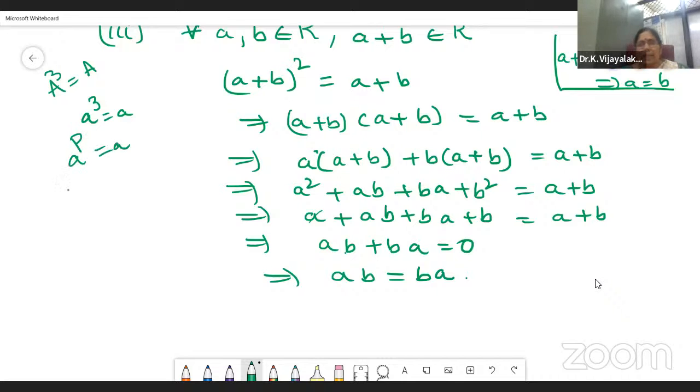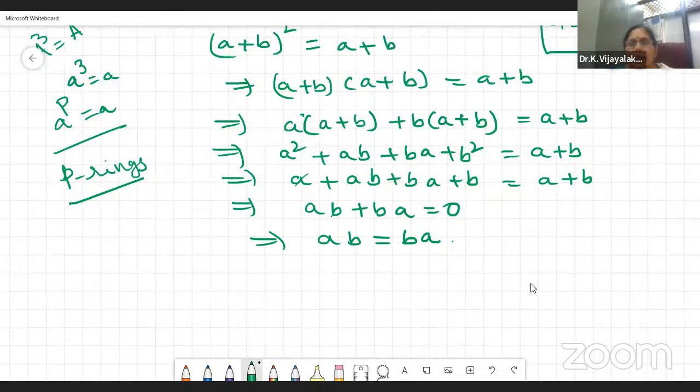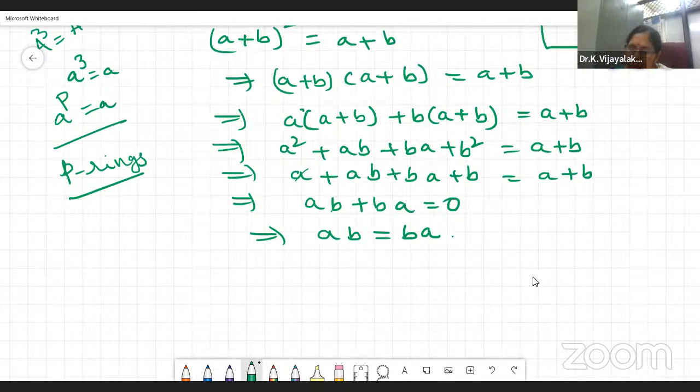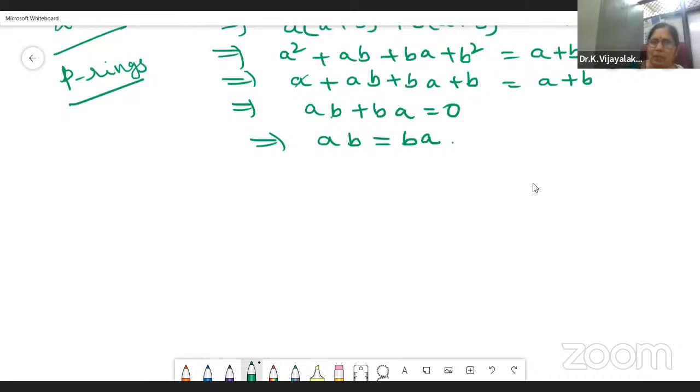So this kind of rings are called P rings. Tomorrow we will study the properties of P rings. Today I just have to give some introduction about these Boolean rings. So this is about Boolean ring: if A square is A, it is a Boolean ring. If A power P is A, it is a P ring.